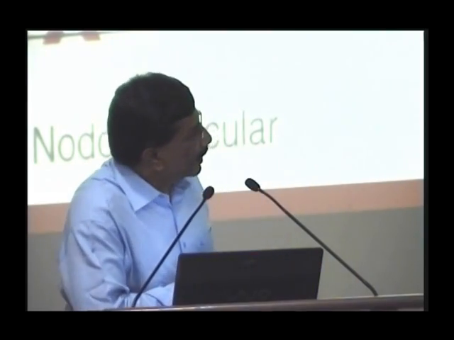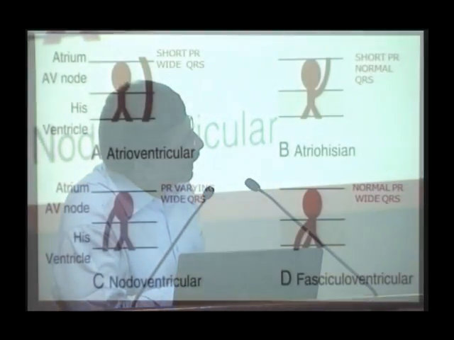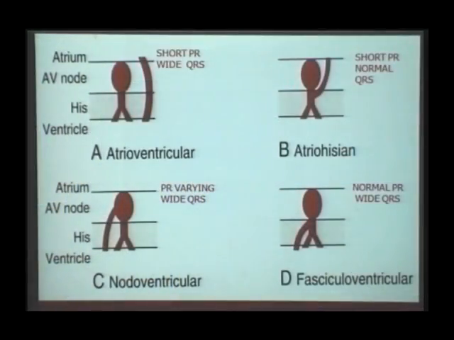Here the AV node alone is bypassed. I will have a short PR but a normal QRS complex. There is no initial slur and no terminal slur, and the QRS duration is not prolonged. My PR interval alone is short. So this is the James bundle.